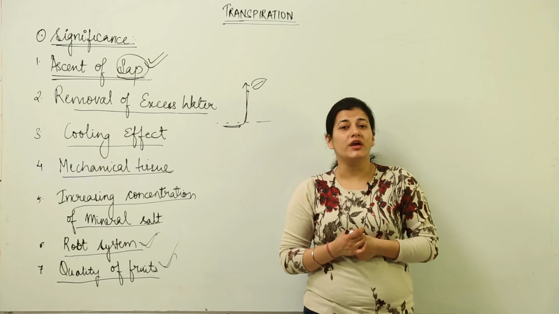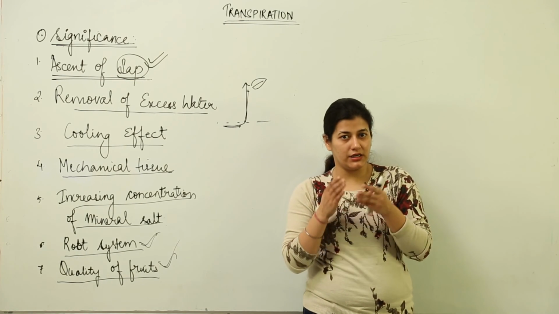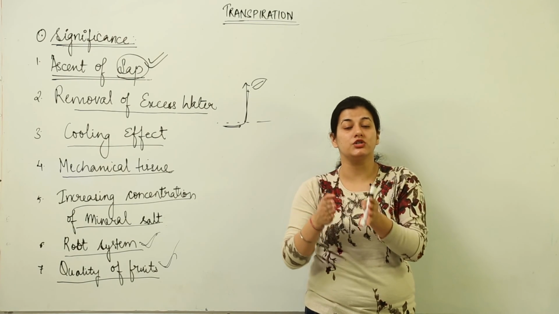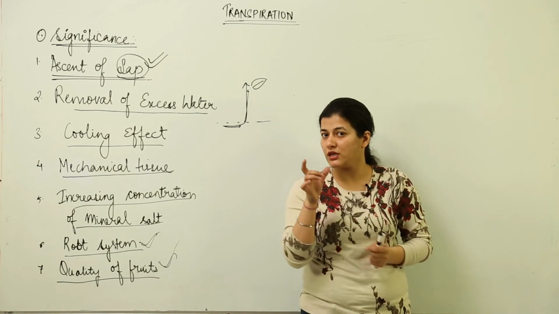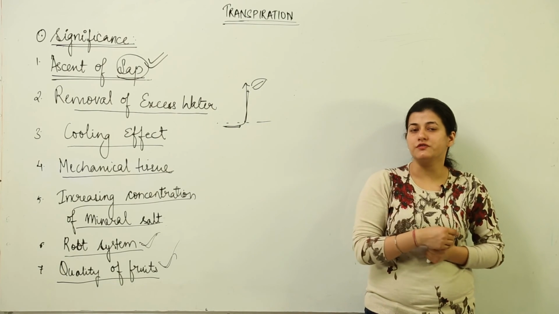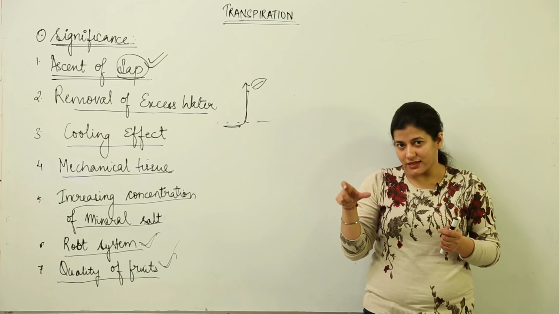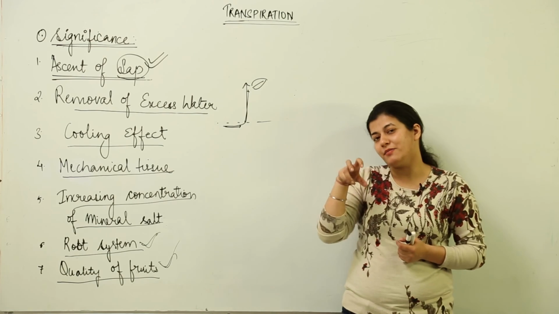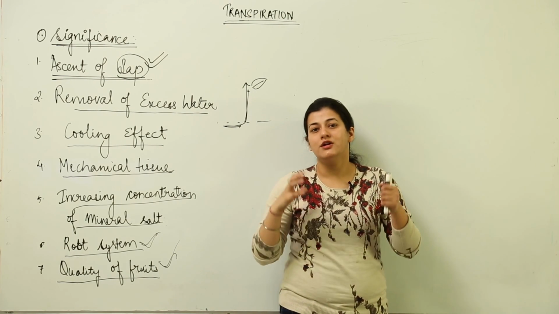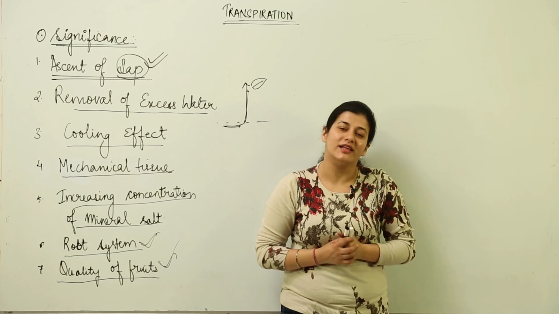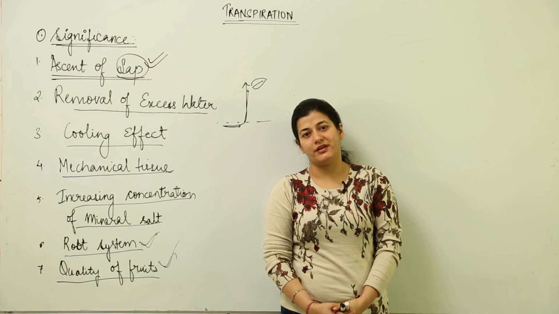That would be the cohesion tension theory, termed as the cohesion tension transpiration pull theory. So you can make out the importance of transpiration from the name itself, that the transpiration pull has a mention in the name of that theory. So transpiration has a great role and significance in the ascent of sap inside a plant.